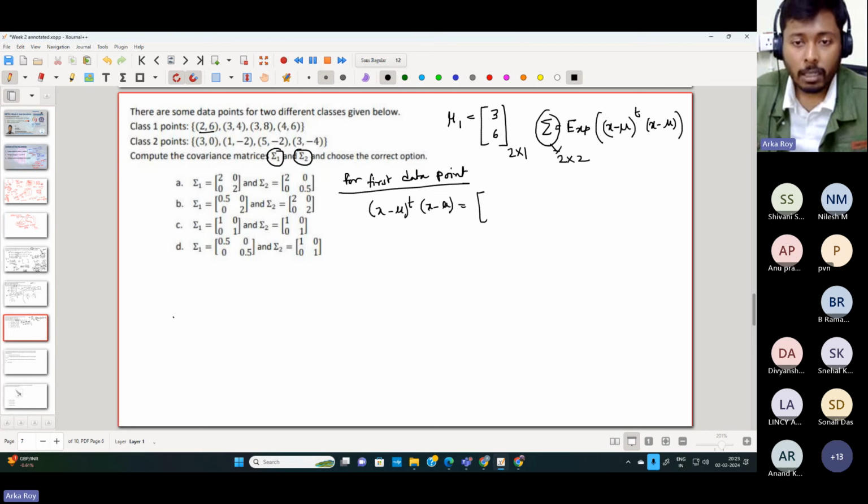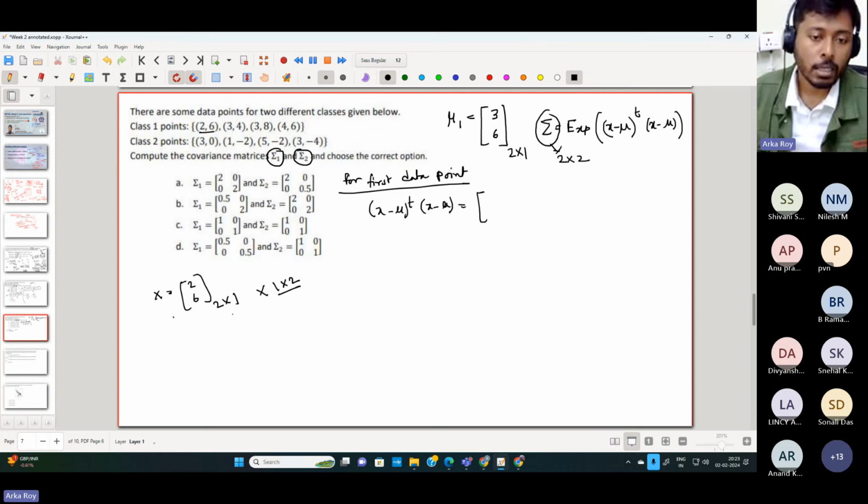So now you need to check that x is 2, 6, that means 2 cross 1. So the other multiplier should be of 1 cross 2 nature. In many places you find that I have written the transpose first. I have to take the transpose in the second case. Then only I will get 2 cross 2. Got it? Because the inner dimensions will match, and the final output will be 2 cross 2.